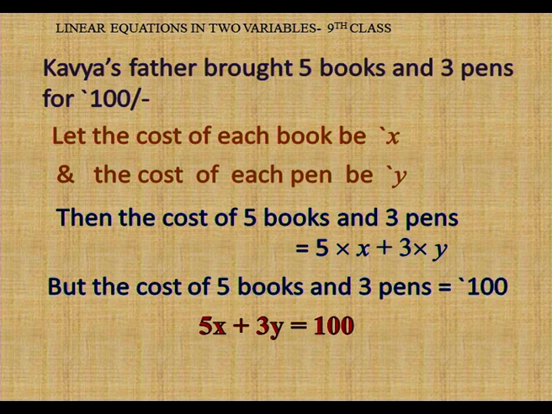Then the cost of 5 books and 3 pens we wrote like this, 5 into x plus 3 into y, which gives the left side of the equation, 5x plus 3y. But the cost of those books as well as pens, how much did we get there? 100 rupees. So, we have the equation 5x plus 3y is equal to 100. That means, we understood how to frame a linear equation in two variables.